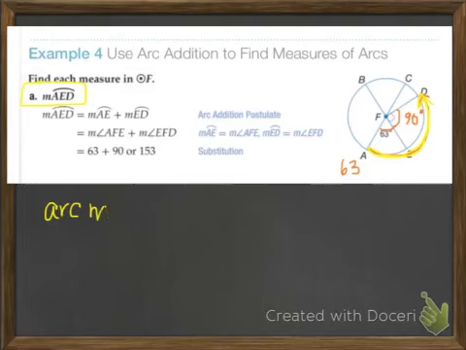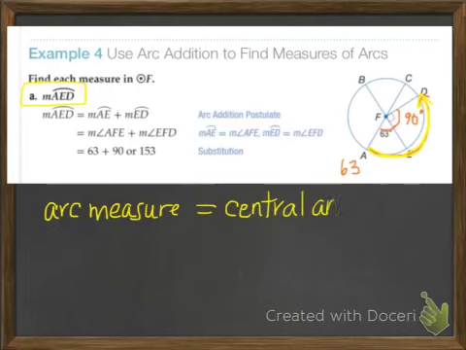The arc measure always equals your central angle measure. So the corresponding central angle measure is all you have to look for, and then you know what the measure of the arc is. So I'm looking here, and this angle is 63 degrees, and this one's, oh, moved my picture.